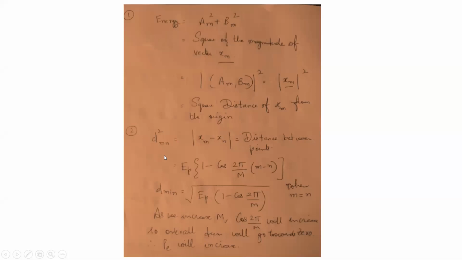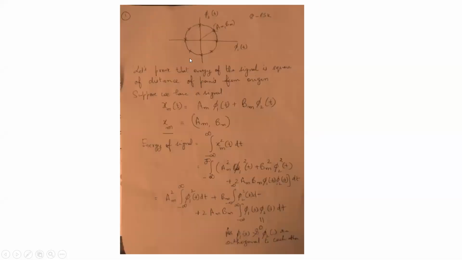Now this is an important point. This point needed some explanation also yesterday, so let me explain. What do we want to find out using this second point? The second point says, I want to find out the distance between 2 signal points. In general, I take one point as small m, and another point as small n.